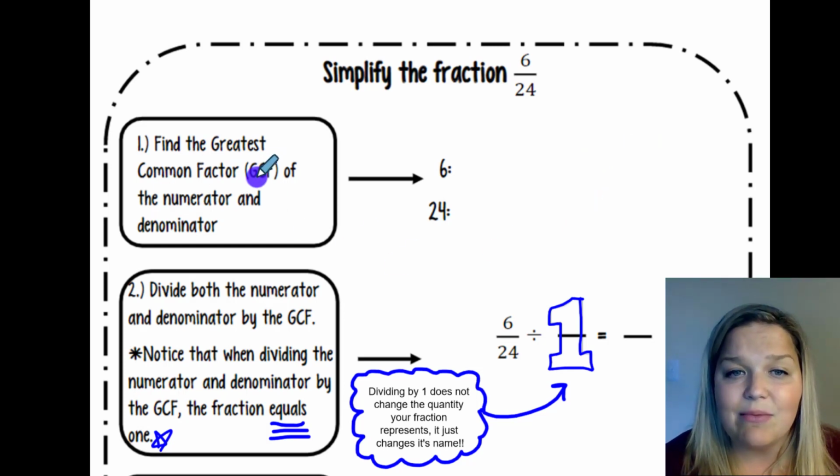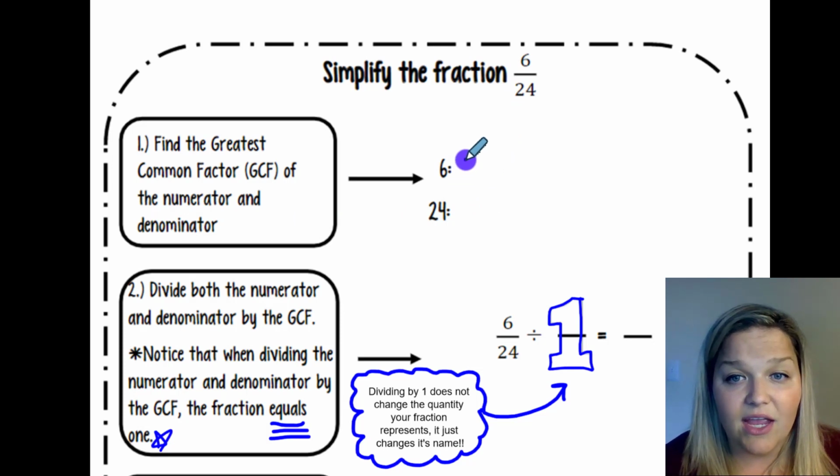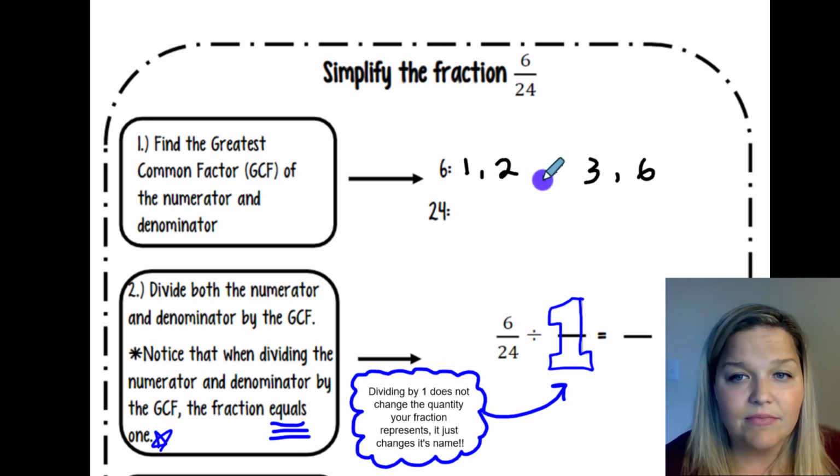Find the greatest common factor, or the GCF, of the numerator and denominator. Let's take a look. Let's write out the factors of 6. I know I have 1 and 6, 2 and 3, and nothing else. Draw a little line, stay organized.